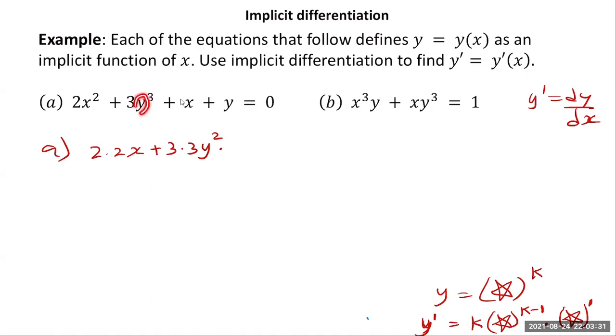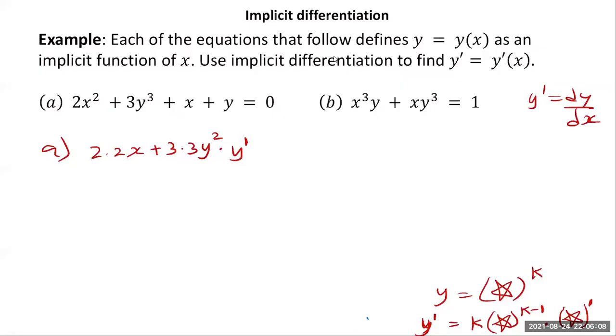The derivative of y with respect to x is y prime. Again, what I did was leave this 3 as it is and then take the derivative of this y cube using the star rule. That is 3y squared times the derivative of your star, that is y prime.